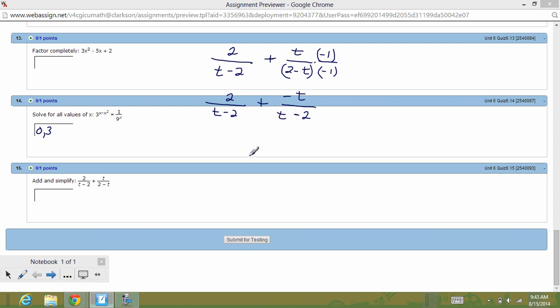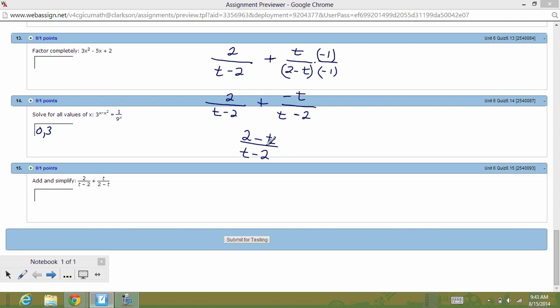And I'll have obtained my common denominator. Now, next, of course, you have your t minus 2 common denominator, and the 2 from the left term and minus t from the right term.